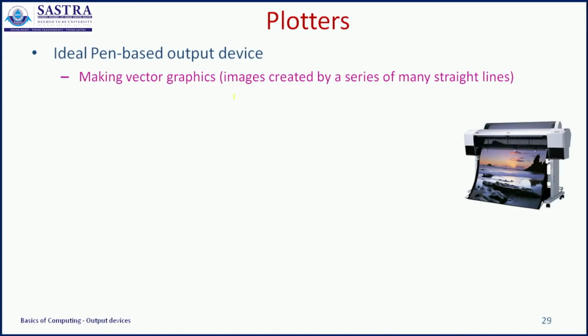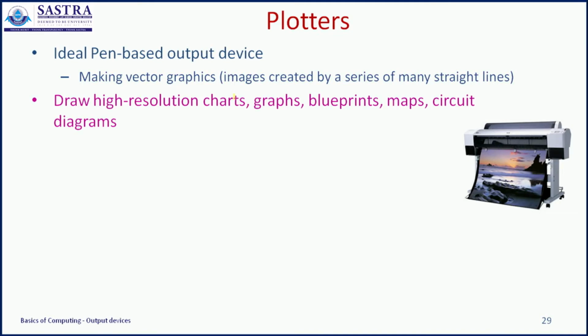Nobody would have used plotters because we are not civil engineers or architects who would need them to take a blueprint or to draw car parts. Plotters are ideal pen-based output devices making vector graphics. It means images are created by means of many straight lines.